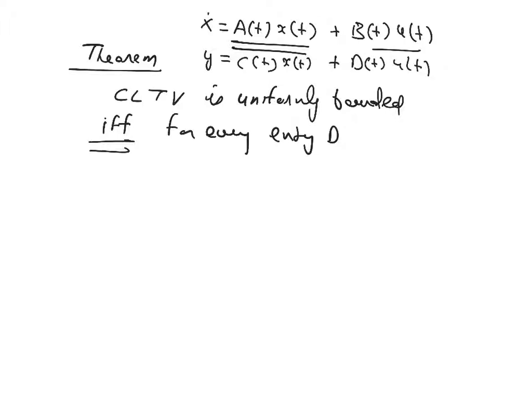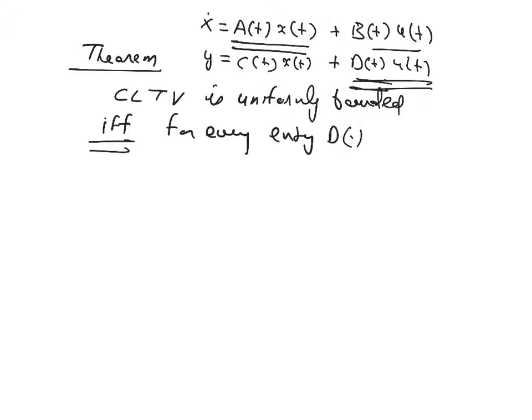So now I'm saying if D is uniformly bounded, so your D entry has to be, if D is not finite, like it is some infinite term or something, then you will see that there is no way we can make Y finite.